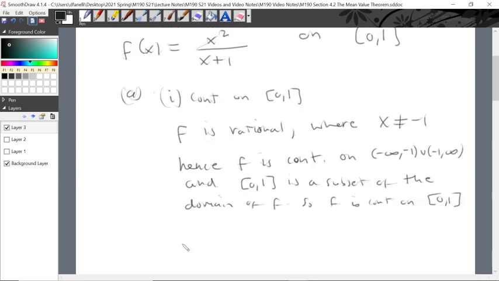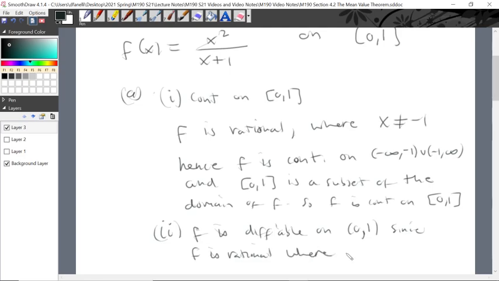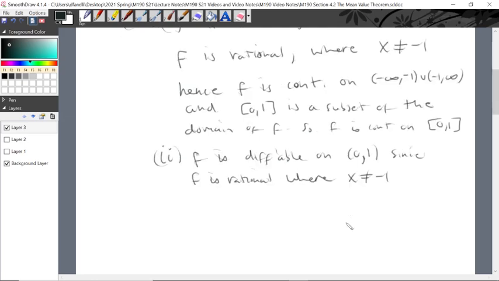It's a similar argument for differentiability. So we have that f is differentiable on 0 to 1, since f is a rational function where x is not equal to negative 1.